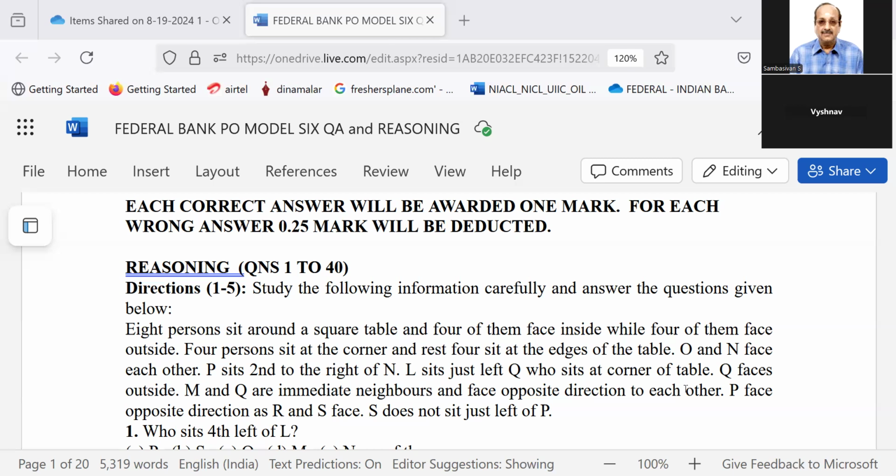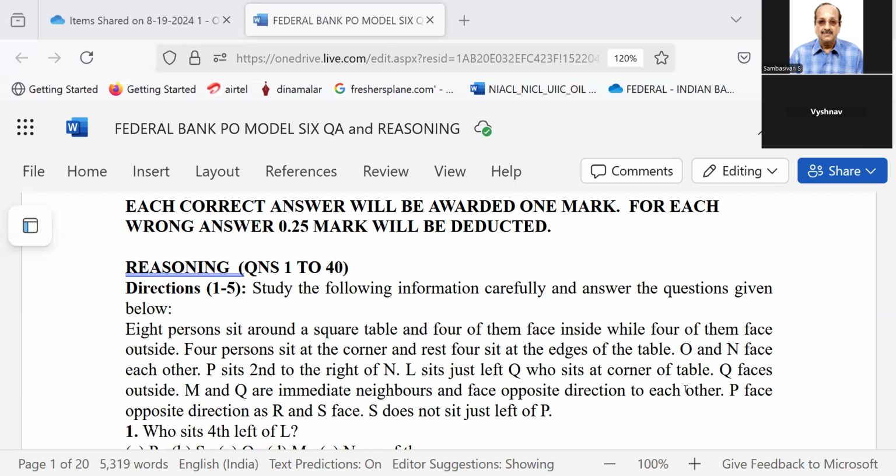Now O is sitting left of him, facing towards the center, because O and N are facing each other. Now, when you look at it, O is facing inward, N is facing inward, M is facing inward. Only one person has to sit facing inward.